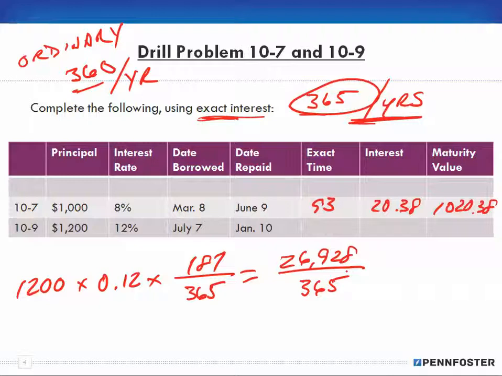And then I just divide that by 365 and I end up with $73.78.